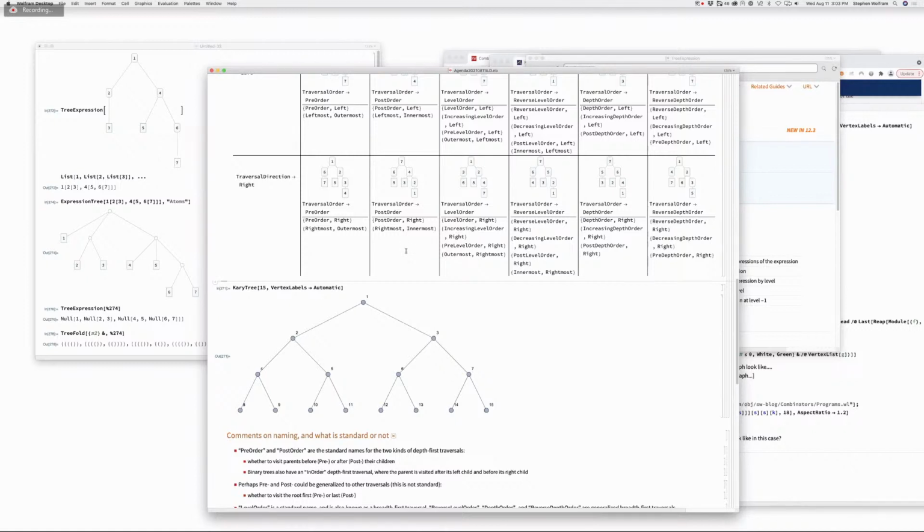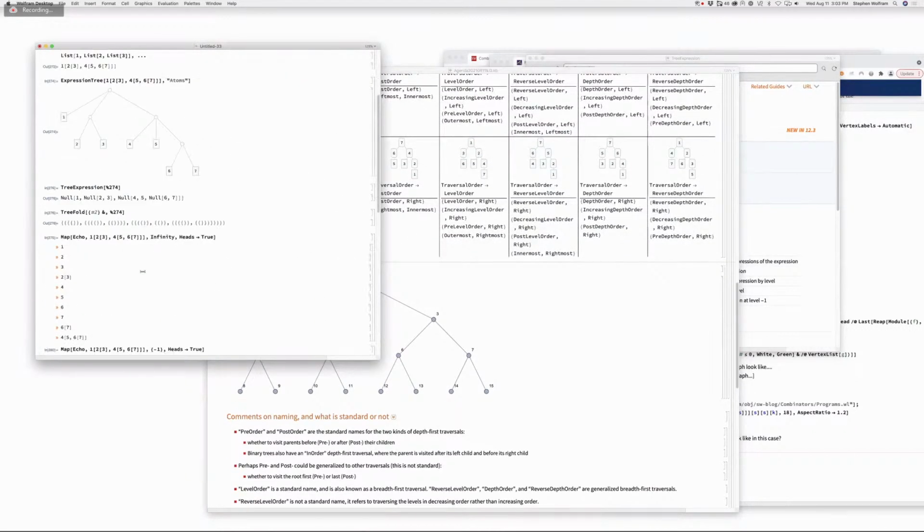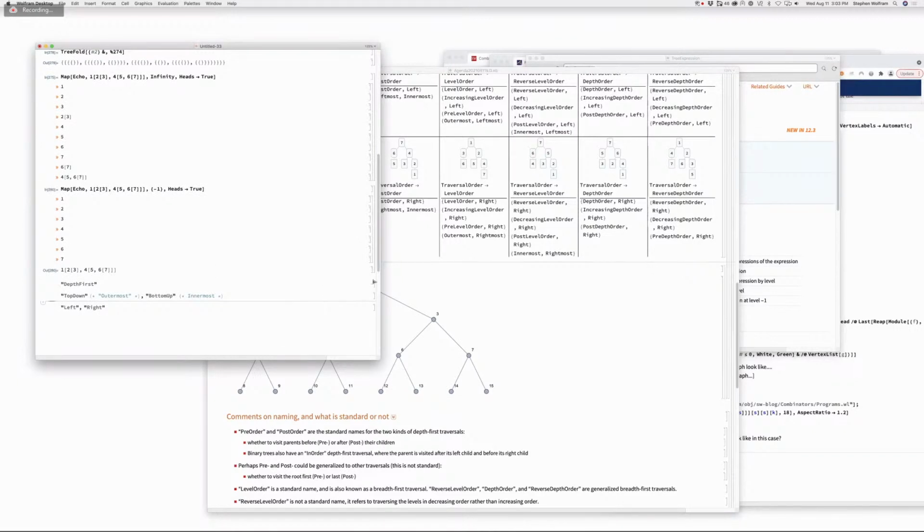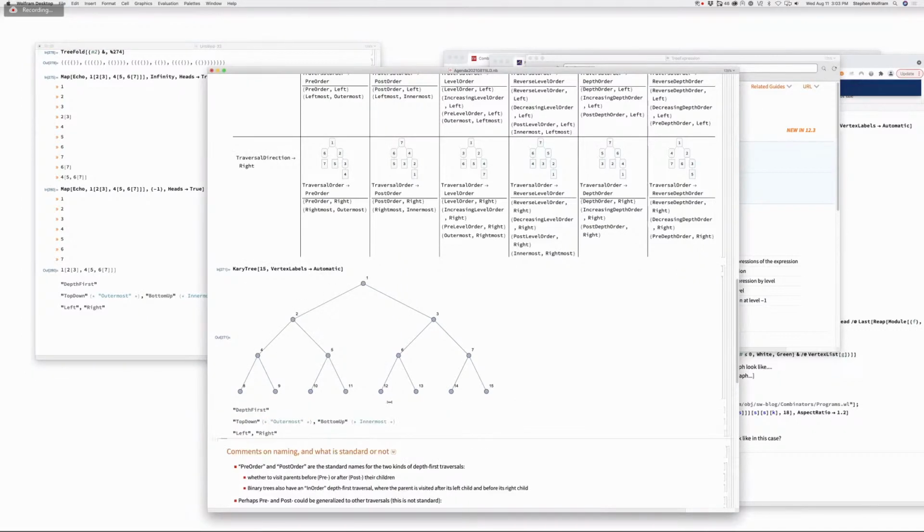Okay, so let's just copy over what we're doing here. What we're saying here is, an alternative name would be outer first, inner first. And then if we say left first, right first, or left, right. I mean, actually, this is left, right, right, left, isn't it?